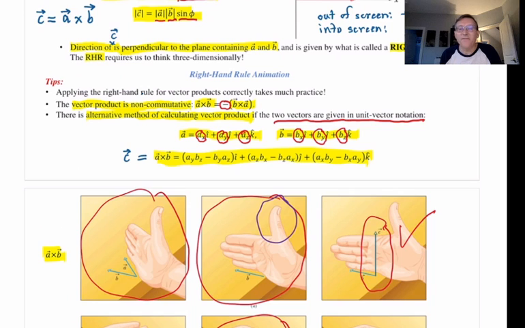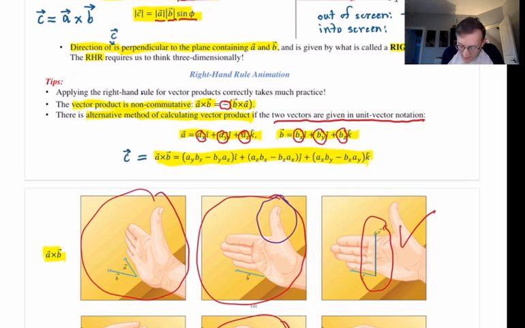You've got to look at it very carefully, but when you do, you see there's a kind of a cyclical pattern to how the components are combined. You take A sub y times B sub z minus B sub y times A sub z, all times i hat.